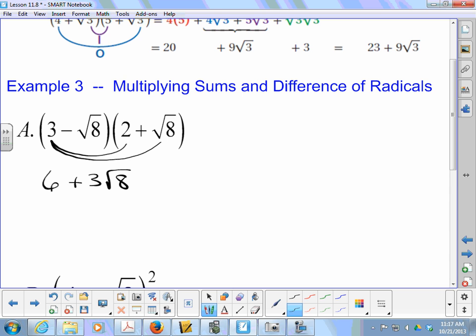First, outer, inner, negative 2 square roots of 8. And last, negative square root of 64. 8 times 8 is 64.